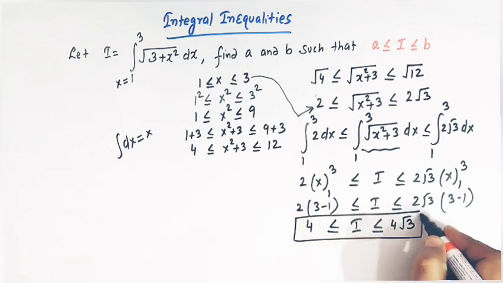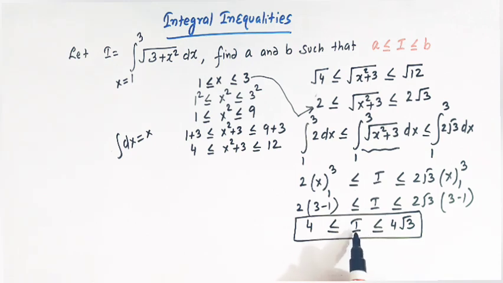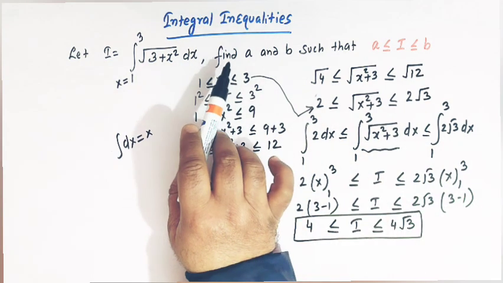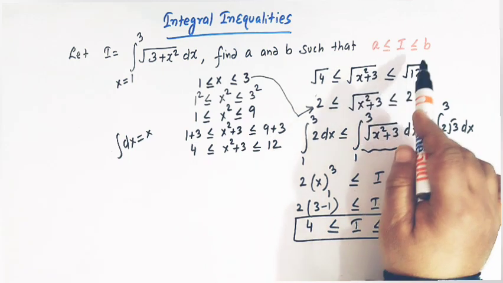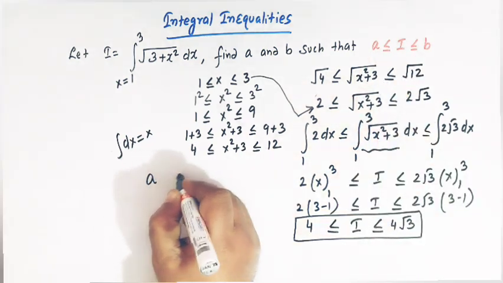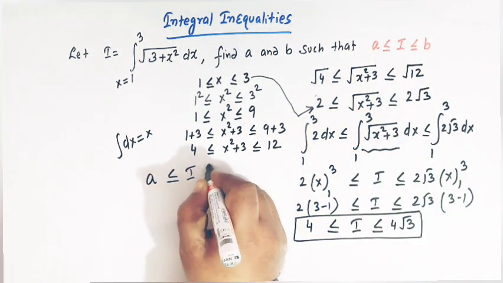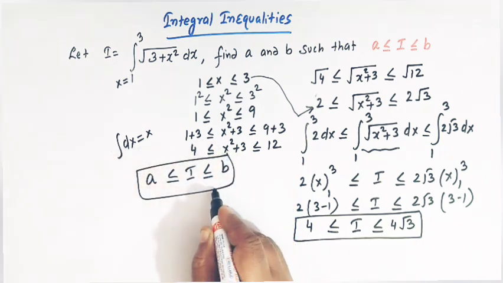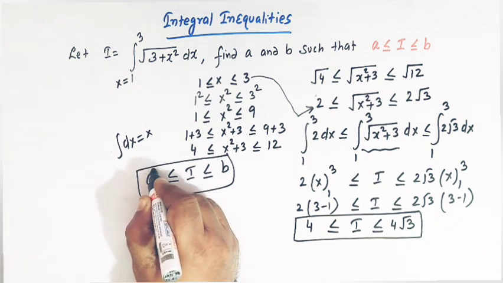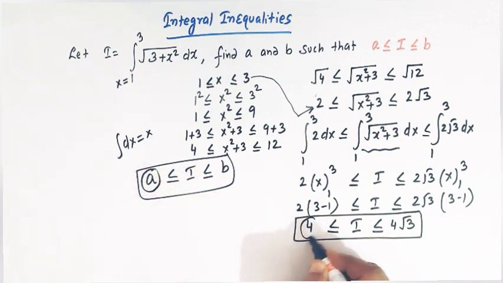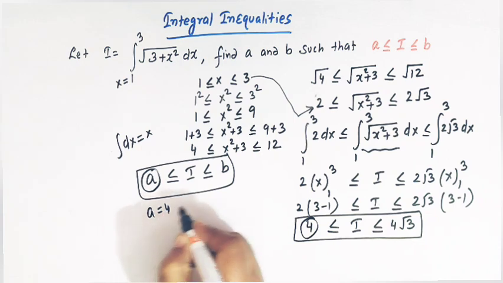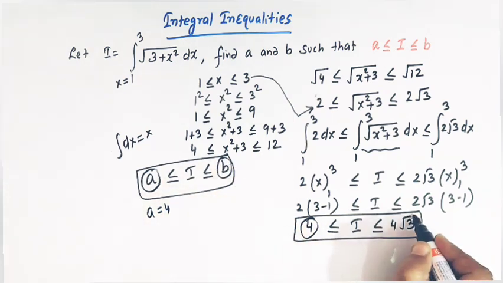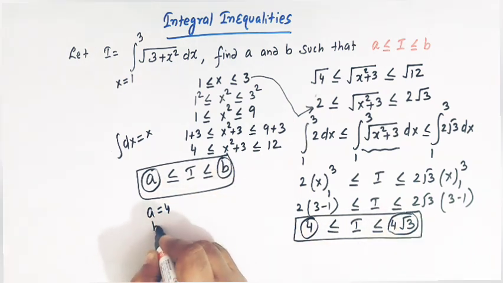So now we have obtained this inequality, that is I is greater than or equal to 4, less than or equal to 4 root 3. Now, since in our given problem we have a less than or equal to I less than or equal to b, if we compare this inequality with this one, then we can see that a is 4, and the value of b is 4 root 3, right?